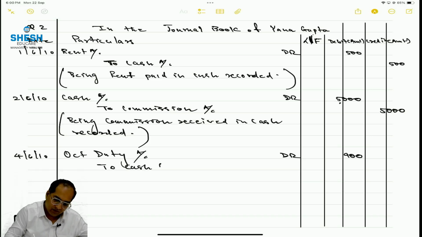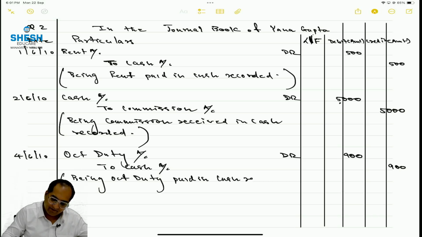To cash account 900. Being octroi duty paid in cash recorded. Okay.